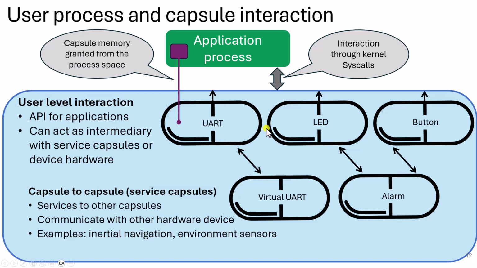Now, the way the user processes interact with the capsules in that kernel level code is through the kernel syscalls. These are APIs that are defined that the user processes can use to reach down to the capsules to make requests.